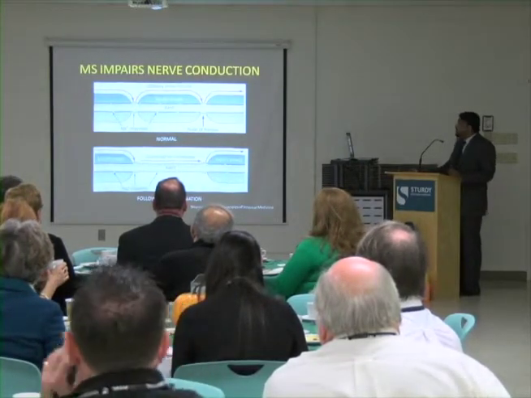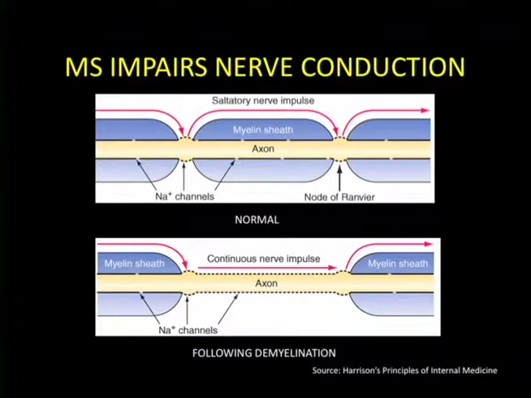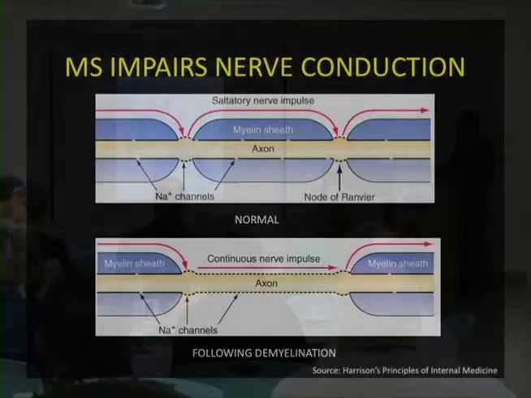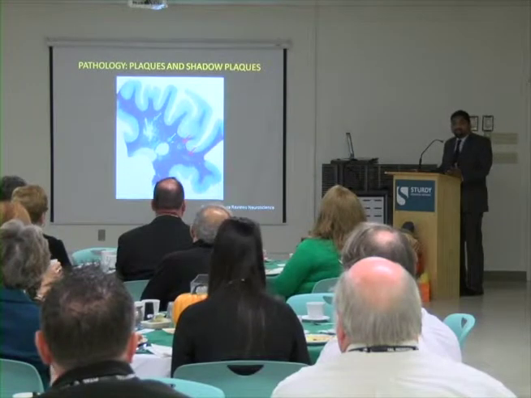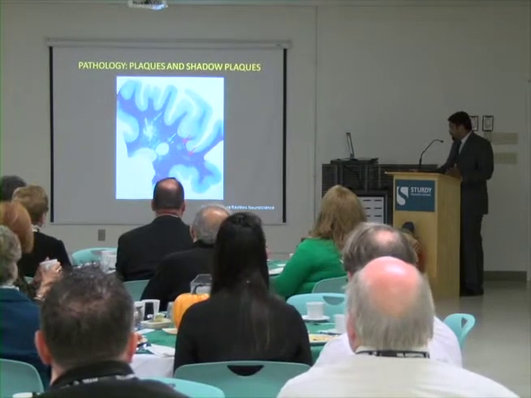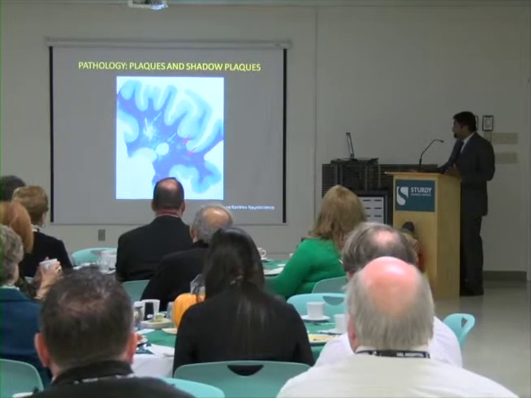And this leads to an impairment of nerve conduction. So all the information that needs to be sent either to or from the brain is not conducted in the right way in patients with multiple sclerosis. And if you look at brain sections, it literally creates holes in the portion of the brain which has those cables, which are known as plaques.